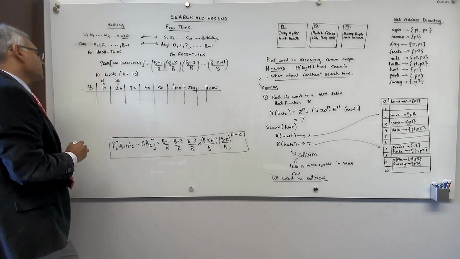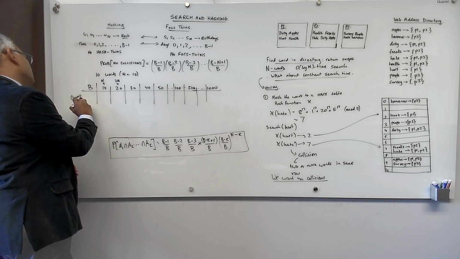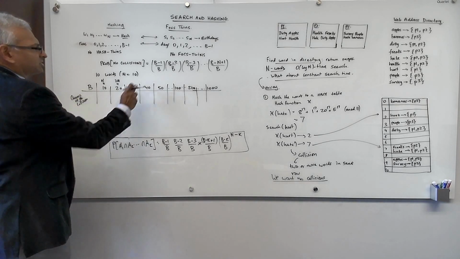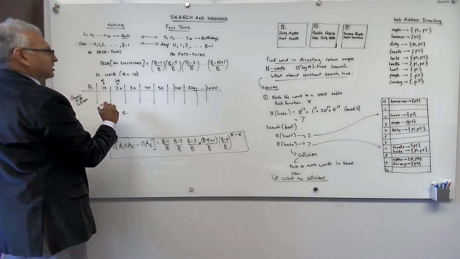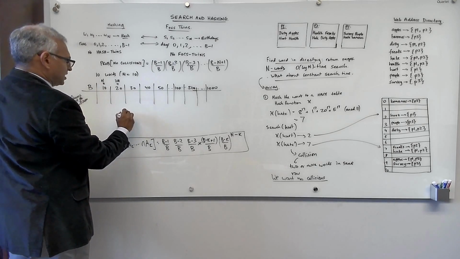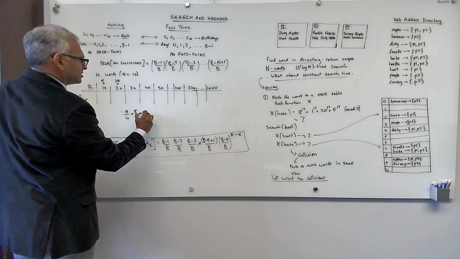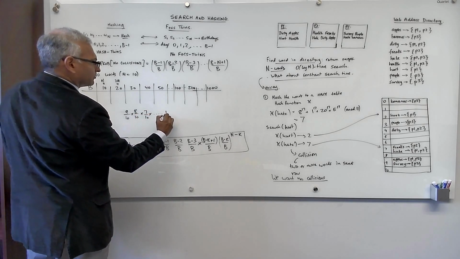And we're interested in the chances of no collision. Let's see what the calculation is for n equals 10. When b is 10, we're going to have 9 over 10 times 8 over 10 times 7 over 10 times ... 1 over 10.